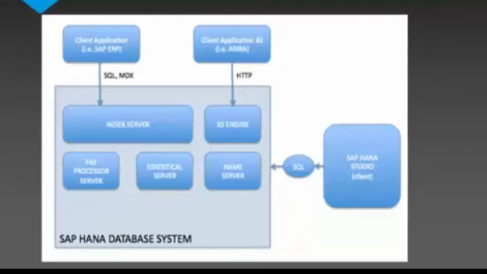So we have client applications as well. SAP HANA can accommodate multiple clients across multiple instances to provide access to useful data across a number of related applications. You can see over here there's a client application, SAP ERP. SAP HANA can also connect via an optional module, the Access Engine, to a client application via HTTPS.